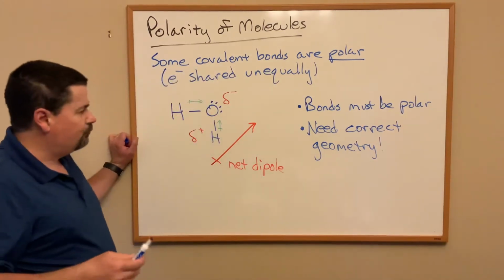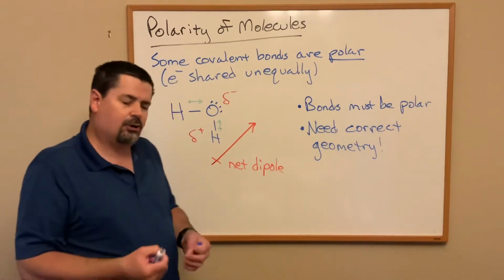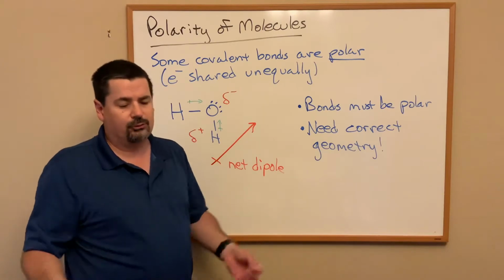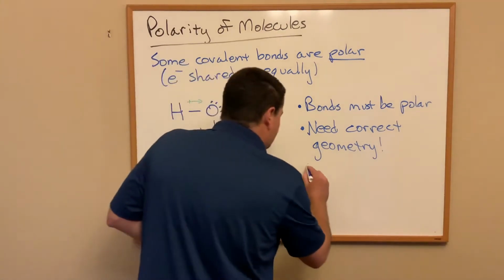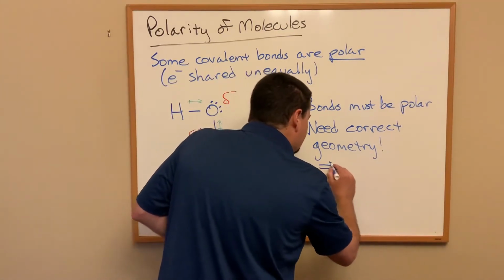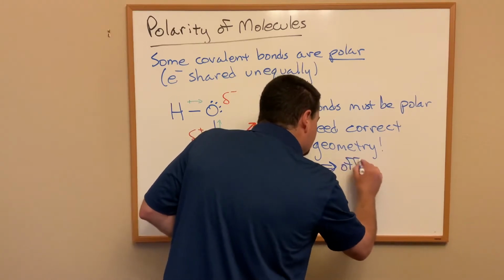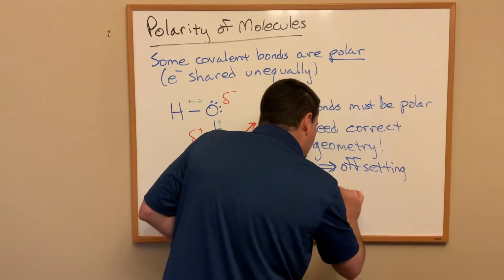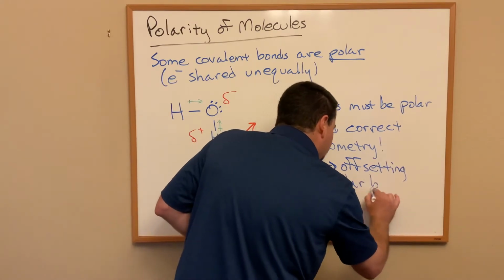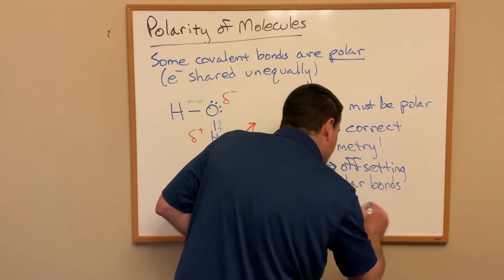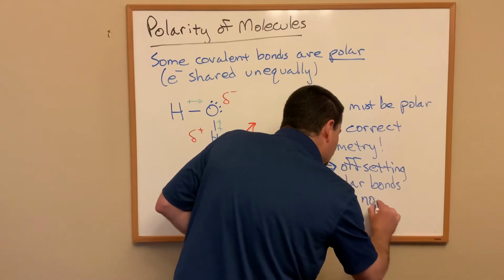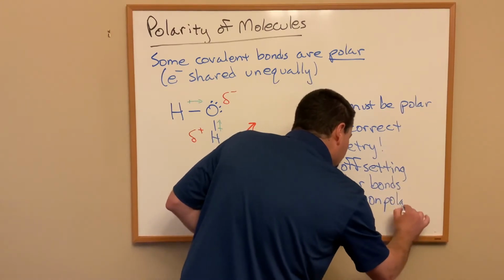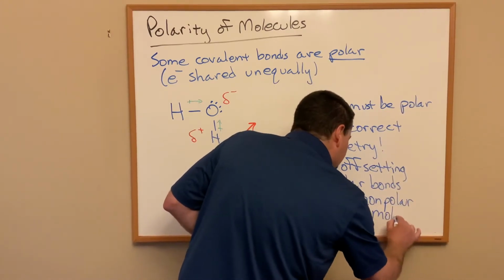And that is, if our polar bonds are offsetting, then our molecule is not polar. So we'll say here, offsetting polar bonds equals nonpolar molecule.